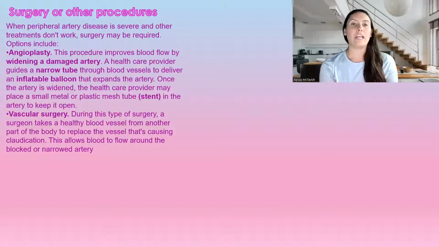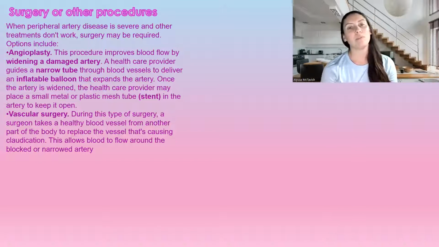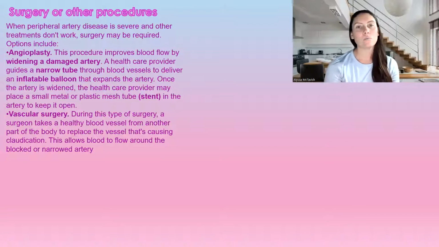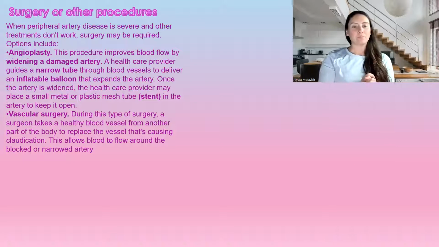So surgery. Like I had mentioned earlier, there are ways to have surgery to increase the blood flow. Okay, an angioplasty is where they widen the artery. They put in a narrow tube and then inflate a balloon, and they may leave a stent in there to keep the artery open. Okay, so this makes it wider again.